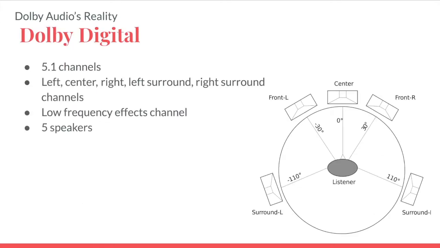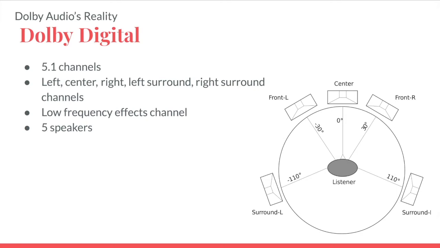Dolby Audio has two famous multi-channel technologies, Dolby Digital and Dolby Digital Plus. Dolby Digital is a 5.1 channel system. It has left, center, right, left surround, right surround channels, and a low frequency effects channel.